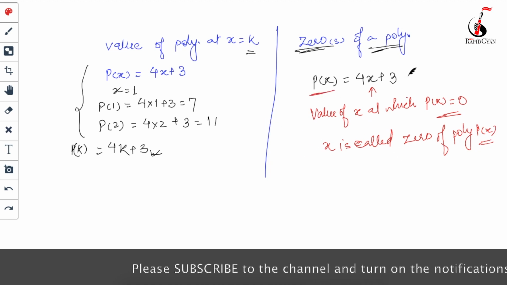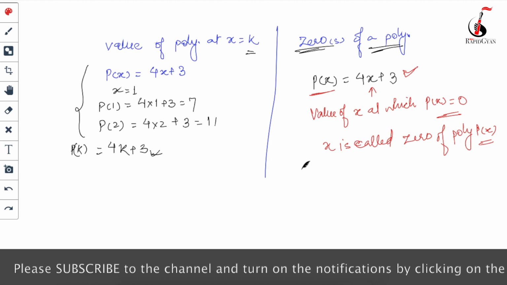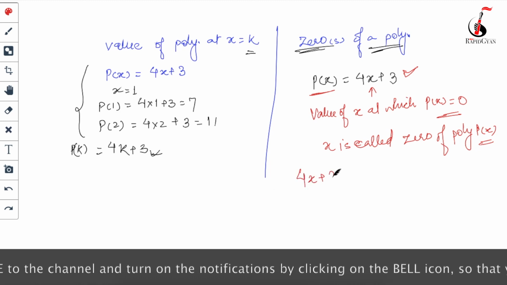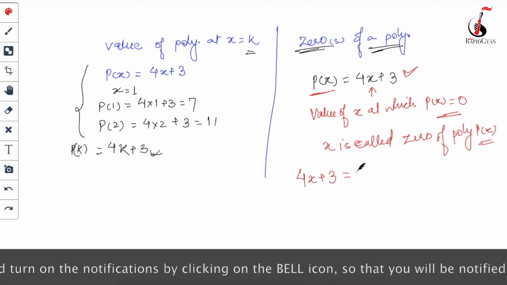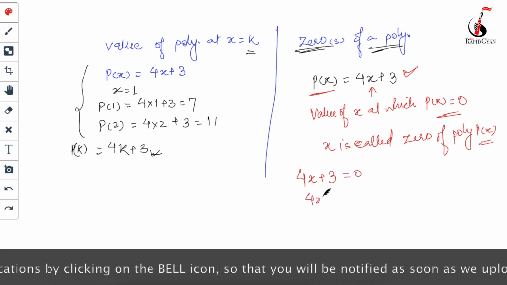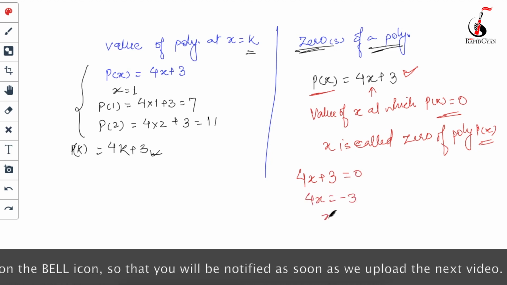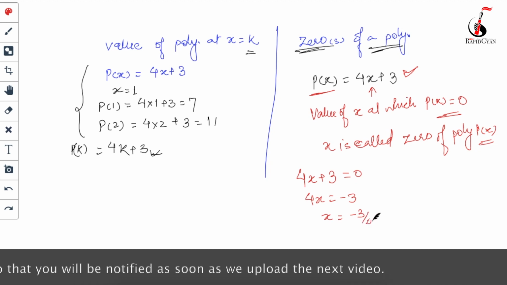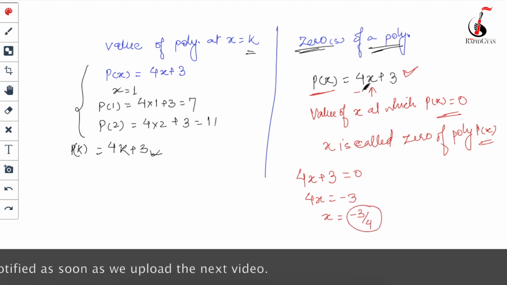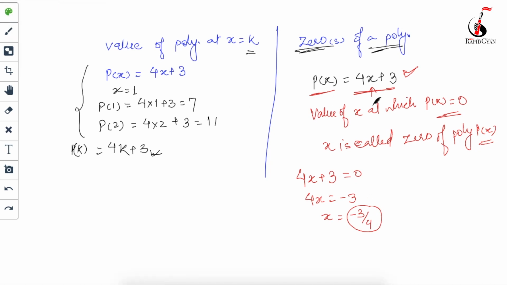How? So see, now I will find the value of x over here. Your polynomial is 4x + 3, and it should be equal to 0. If you solve this, 4x will become minus 3 and x will become minus 3 upon 4. Means if the value of x I put is minus 3 upon 4, so I am going to find p(-3/4).